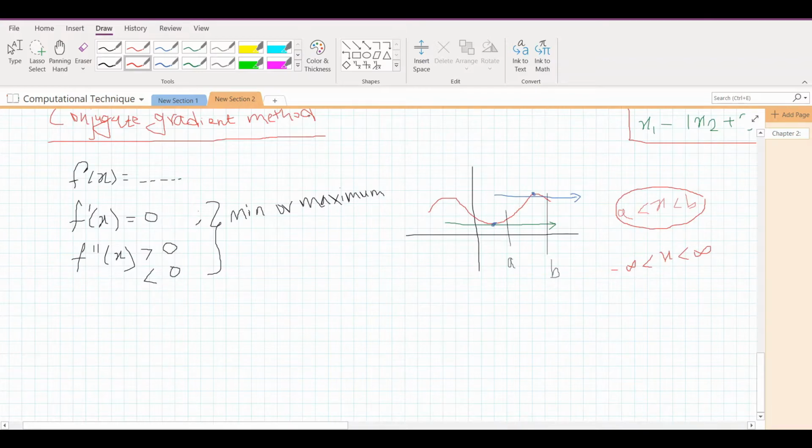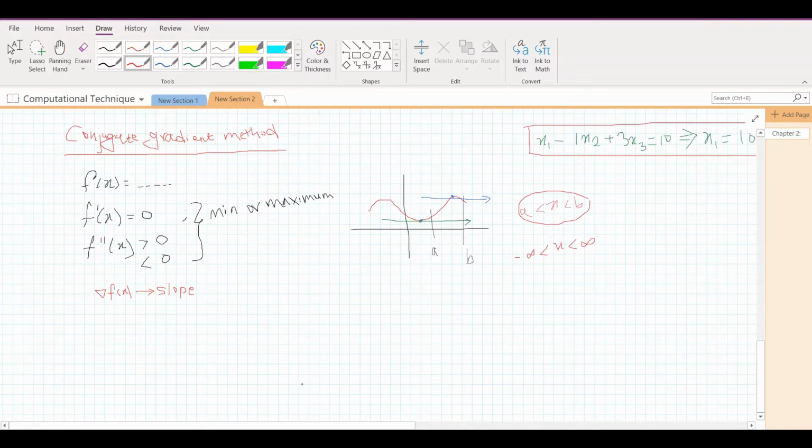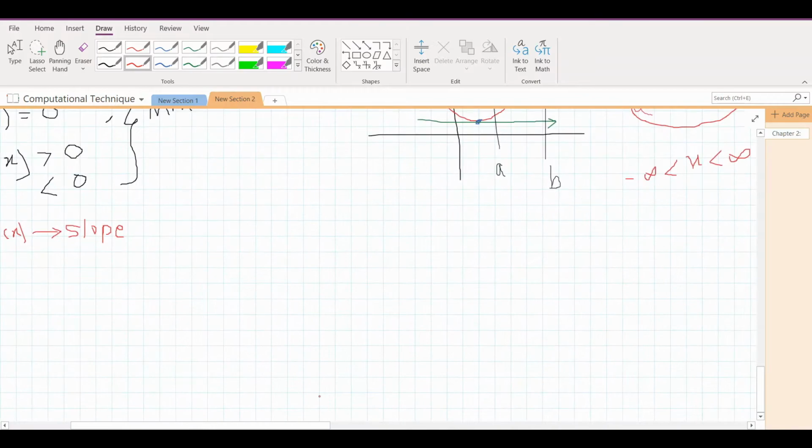Now these gradient methods make use of derivatives to minimize or maximize certain equations. The gradient of f(x) is generally denoted by ∇f(x); gradient means slope. Now we have a function f(x) and we want to solve it using the slopes or the gradients.